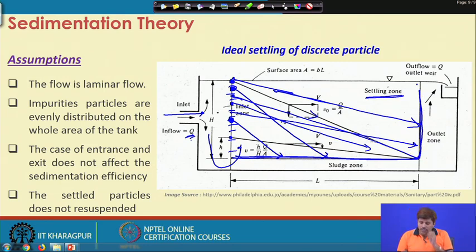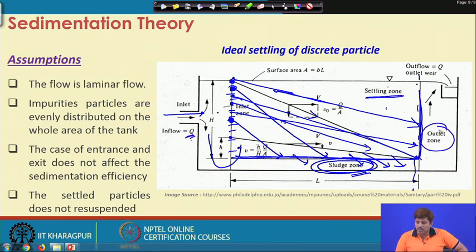The ones hitting the bottom up to this point are considered to move into the sludge zone and are considered removed. So, this is the third zone, the sludge zone, where the particles that settled get collected.